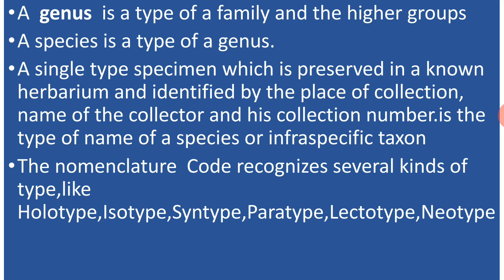So there is a gradual refinement of the specific name. This is the type method. The nomenclature code recognizes several kinds of types like holotype, isotype, syntype, paratype, lectotype and neotype.